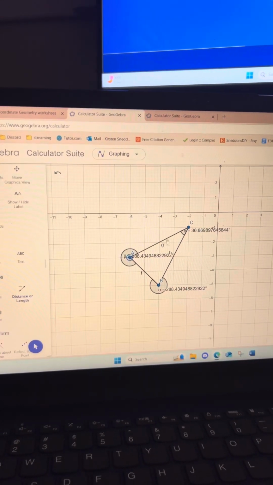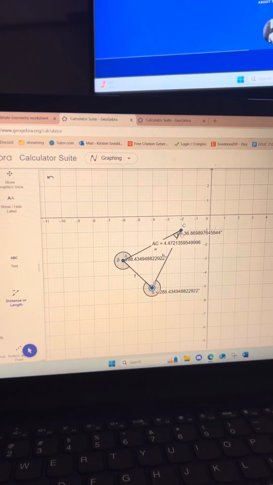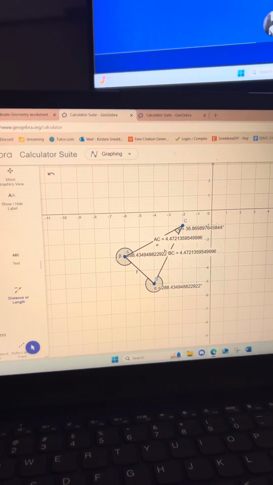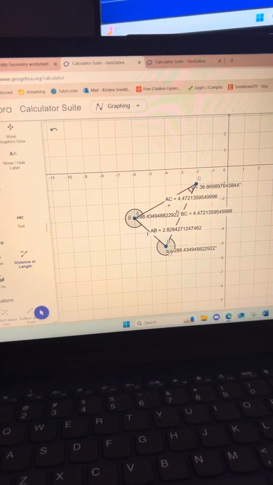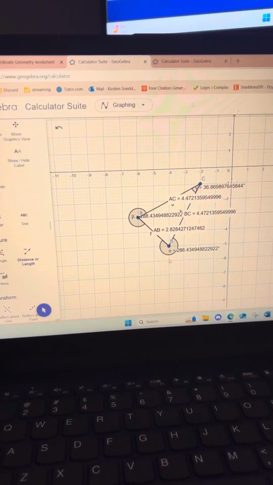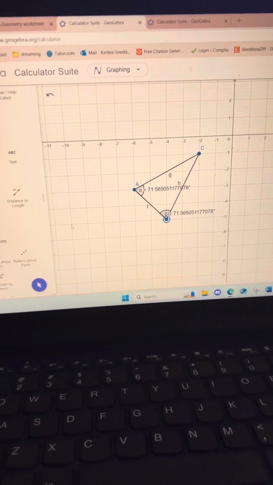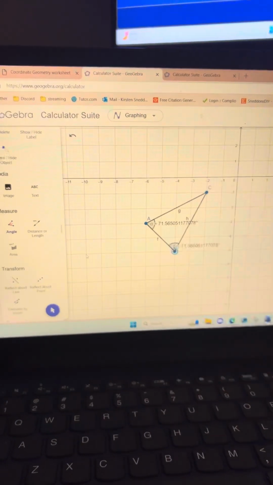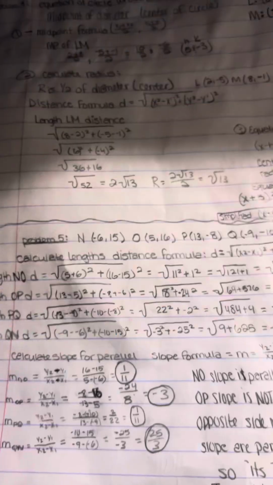And the distance lengths would be 4.47, 4.47, and 2.82. So you have an isosceles acute triangle. So 71, 71, that's an acute isosceles triangle.